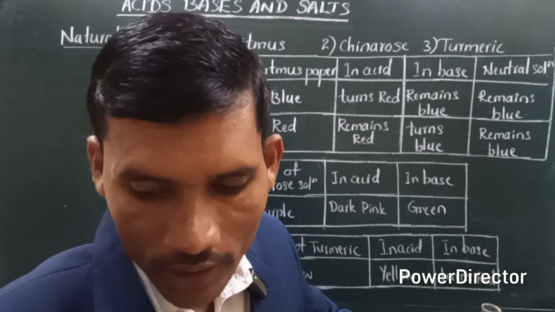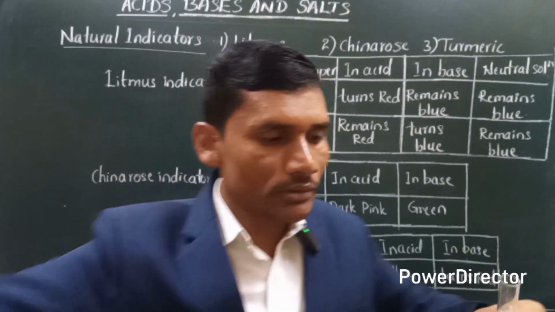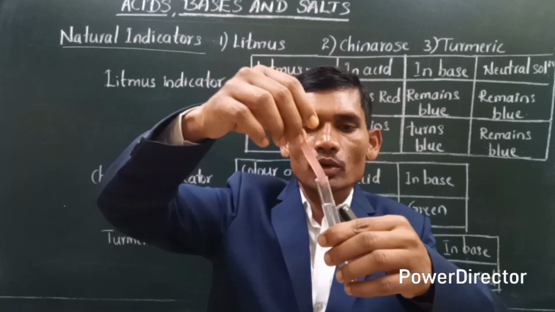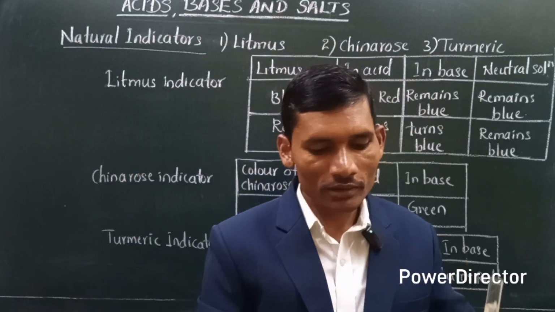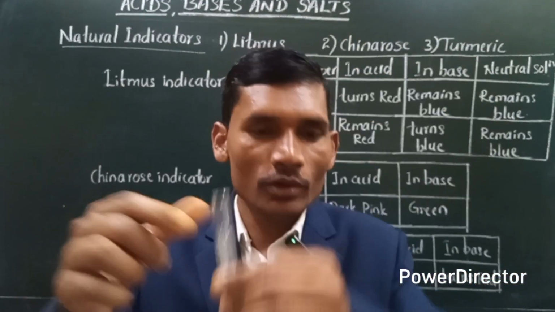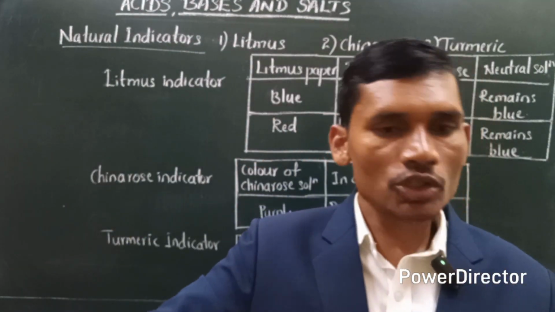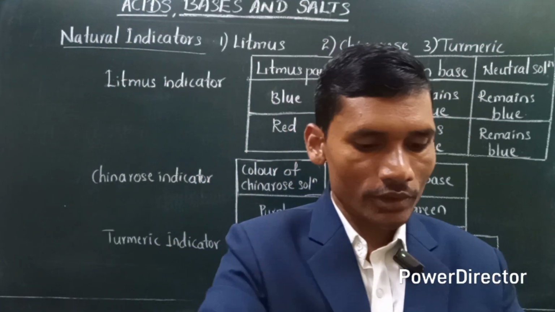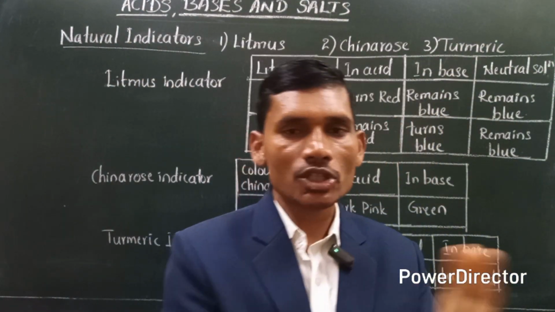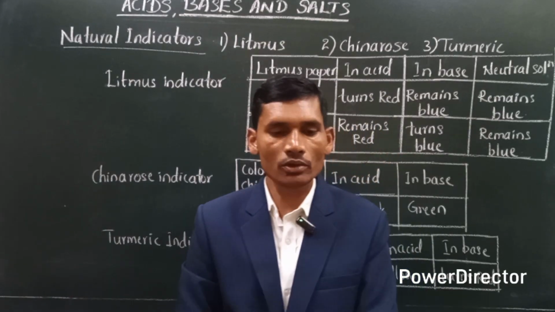We are testing the salt solution, sodium chloride, the eating salt that we use at home. Red litmus, not changing color. So the salt solution is a neutral solution, and the sugar solution is also a neutral solution. Both are said to be neutral solutions, because they neither change red litmus to blue nor blue litmus to red.